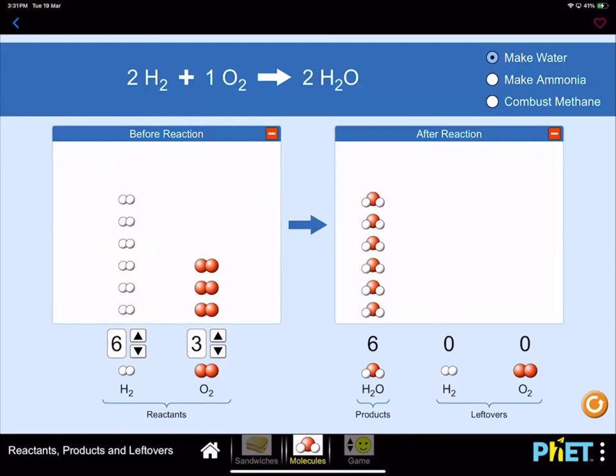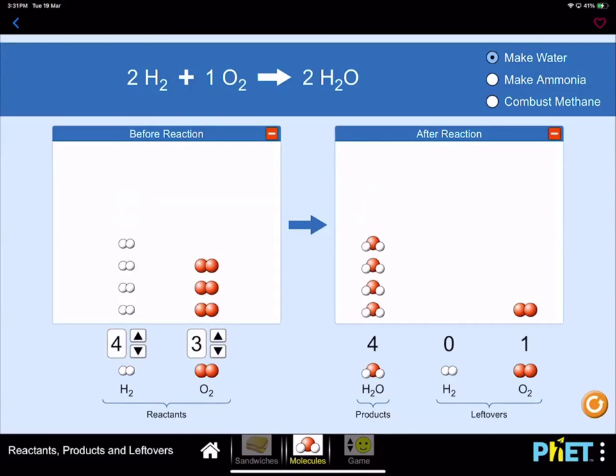Now see, if I make hydrogen less, I have 4 moles of hydrogen but 3 moles of oxygen. If you compare the amounts without looking at the balanced equation, you would say hydrogen is in greater amount, with 4 moles. But according to the equation, you will be able to identify that hydrogen is not in excess, but limiting.